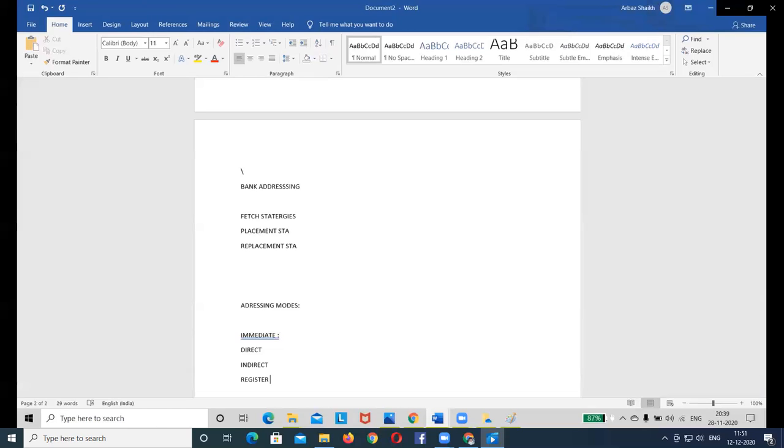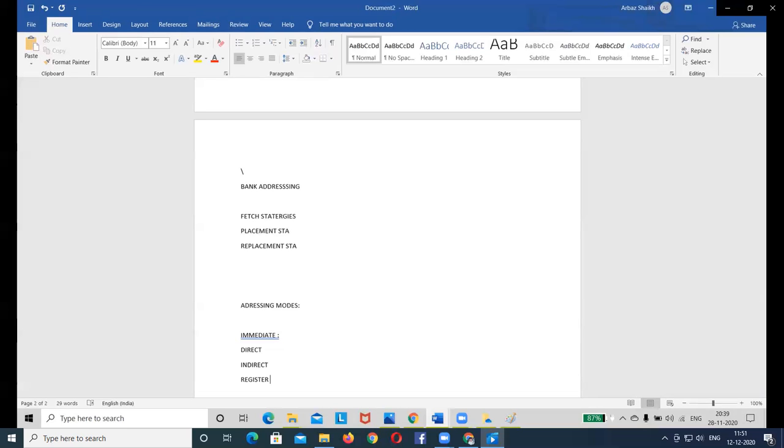Then relative addressing is another version of displacement addressing, where the program counter gets the operand from the cell at the current location. Then base register addressing, where the register holds a pointer to the base address.